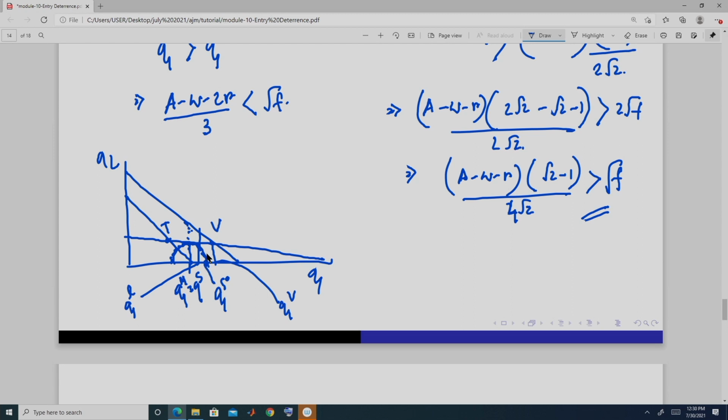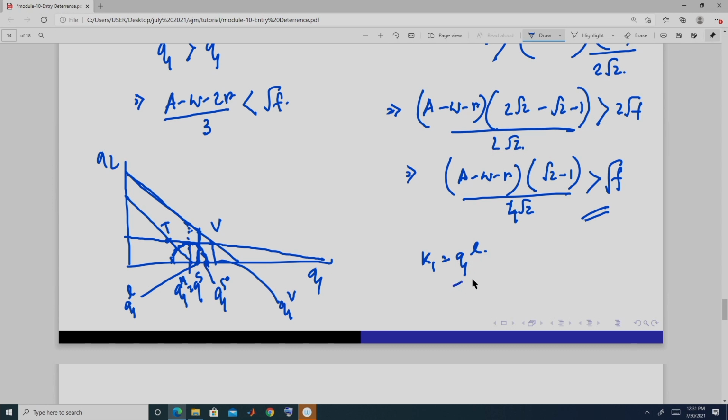Now, this is the isoprofit curve of firm 1 when it is getting the Stackelberg outcome, and if firm 2 produces 0, its profit is this point. But if it deters the entry by having capacity K1 equal to QL, then the reaction function of firm 1 is this, outcome is this. This is closer to the monopoly than this.